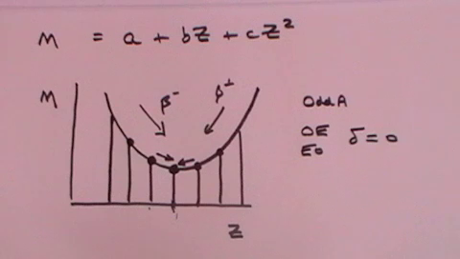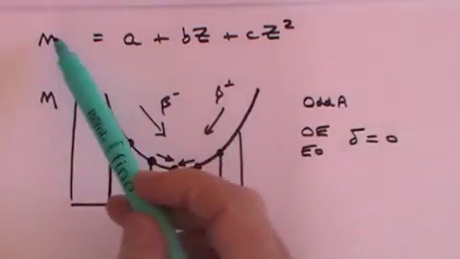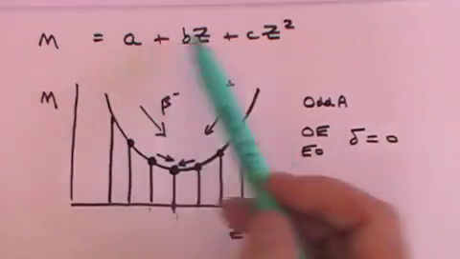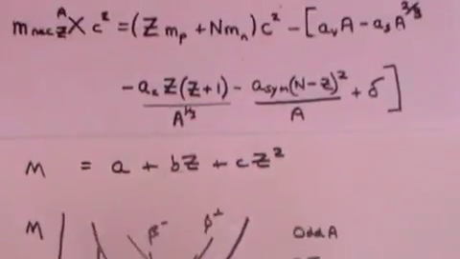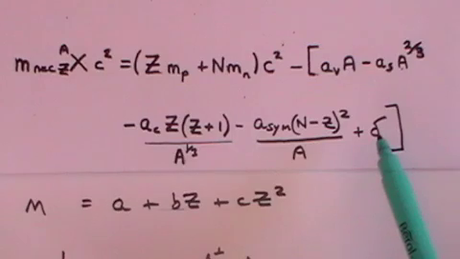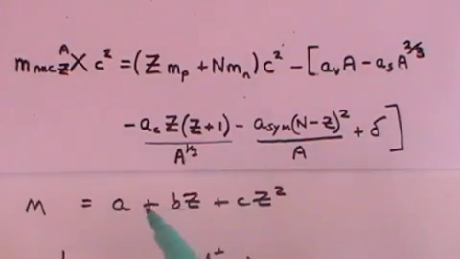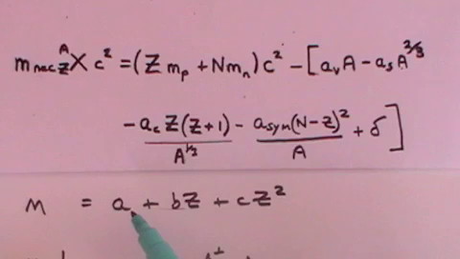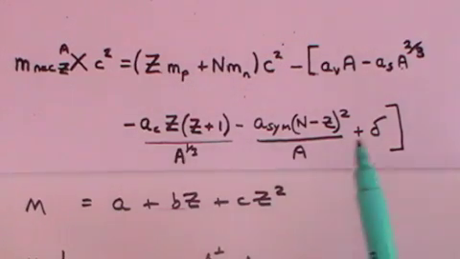What happens if we've got an even number of nucleons? So we're now going to do an even value of A. If we look at this quadratic term up here, the delta term that features in the semi-empirical mass formula is not Z dependent, so that sits here. So for an even-even arrangement, A will be lower than for an odd-odd arrangement.